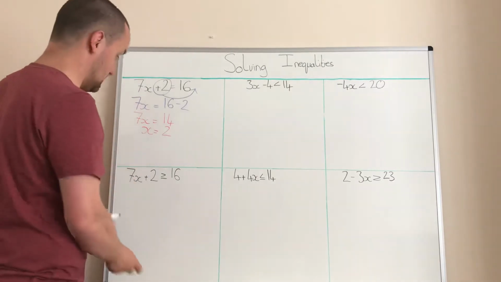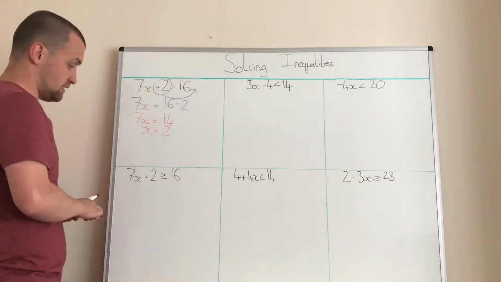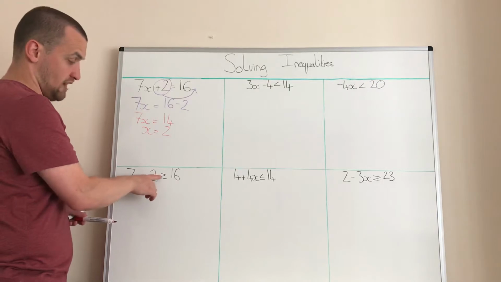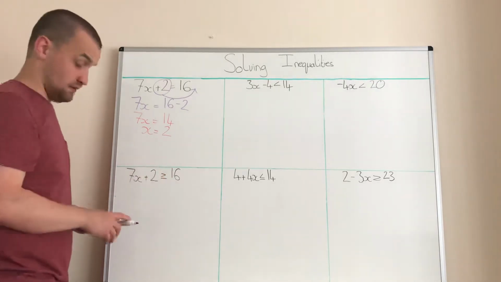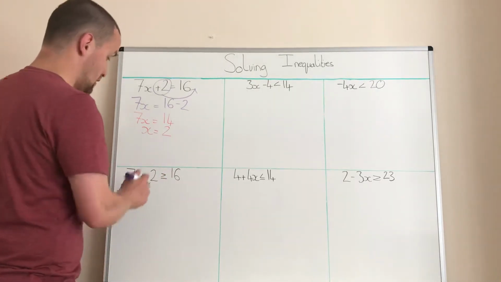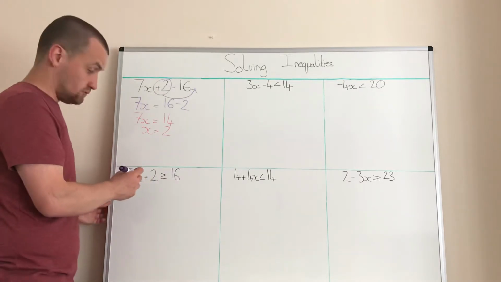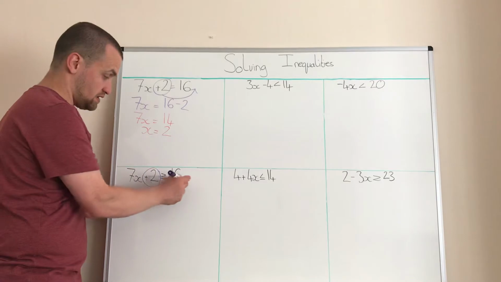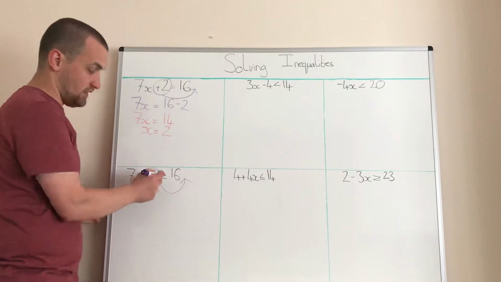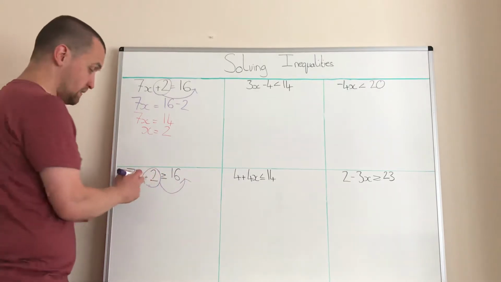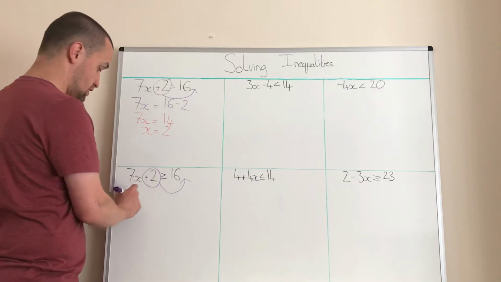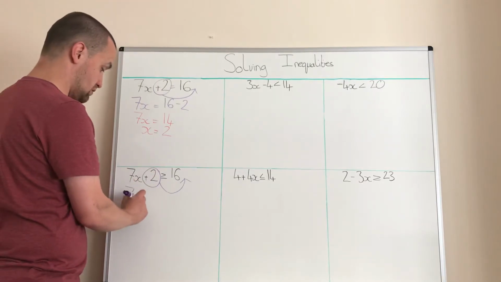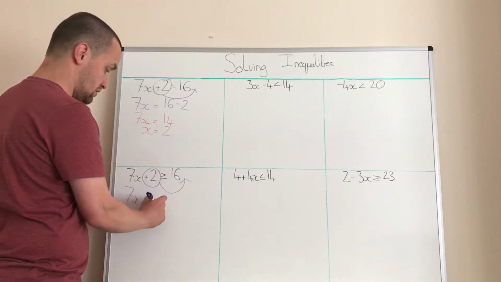Let's look at this one now. We've got 7x plus 2 is greater than or equal to 16. We want to get x on its own again, so we're going to do exactly the same thing. I'm going to take this plus 2 and put it on the other side of the inequality sign. It's a plus 2 there, so it has to be a minus 2 on the other side.